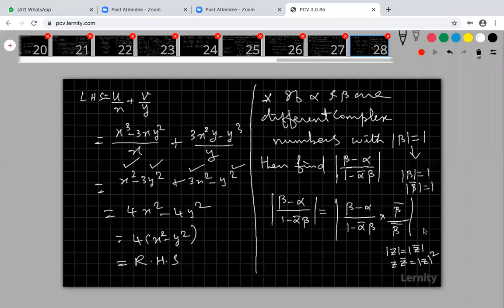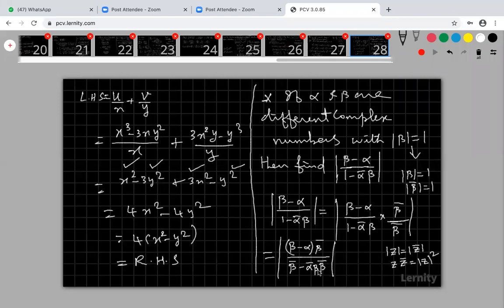Since the magnitude of beta is 1 and the magnitude of beta conjugate is also 1, I am multiplying by beta conjugate. If you multiply, the numerator is (beta minus alpha) into beta conjugate, divided by beta conjugate minus alpha bar into beta conjugate.